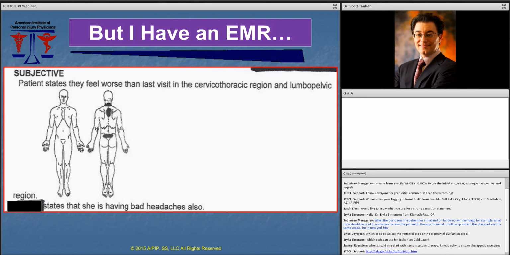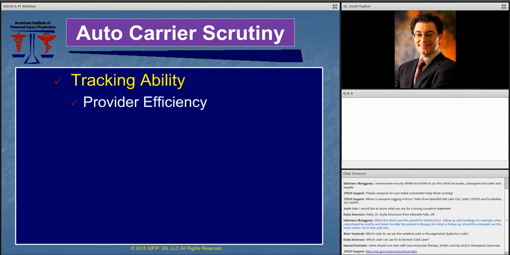Now, the auto carriers, as I mentioned, it's in their best interest because it's going to be able to track the providers. There's such an increased level of detail that you need to support your diagnoses, your treatment, and everything else, that it's going to help the auto carriers track you.